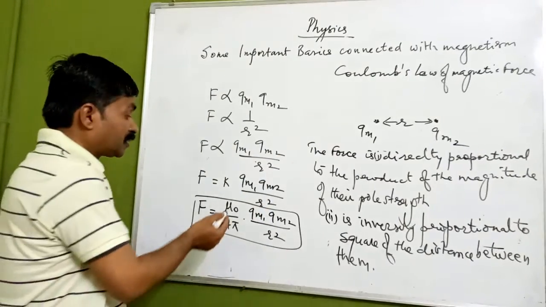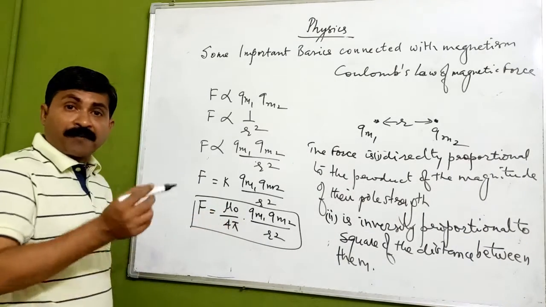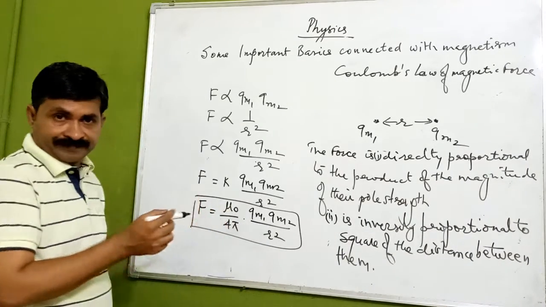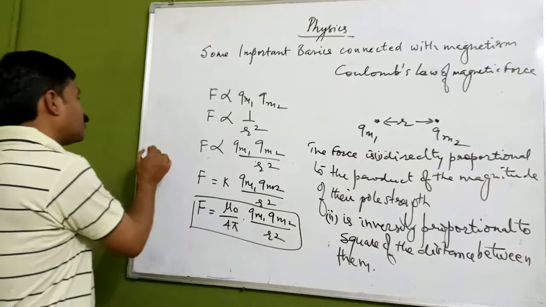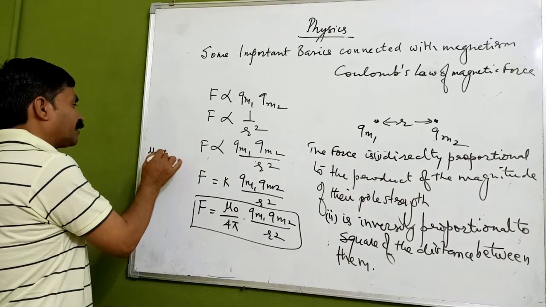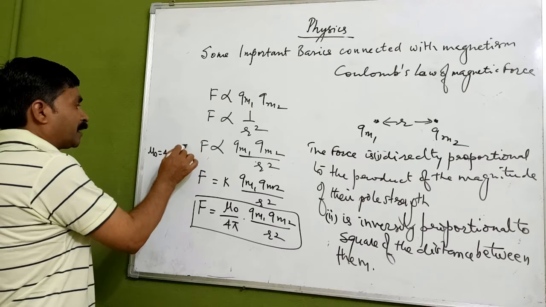Mu naught is the permeability in vacuum. Its value is 4 pi into 10 raised to the power minus 7 Henry per meter.